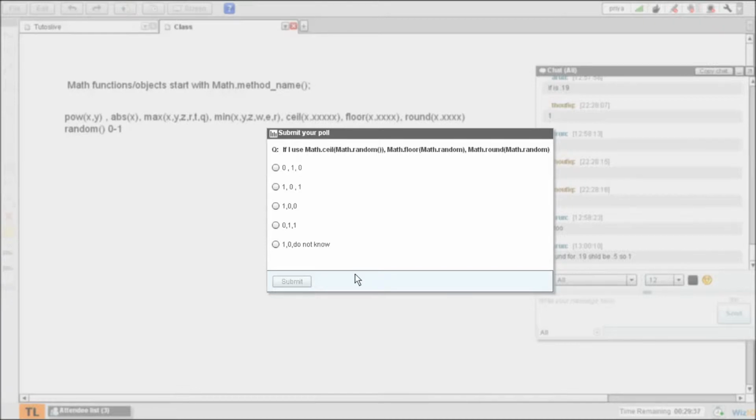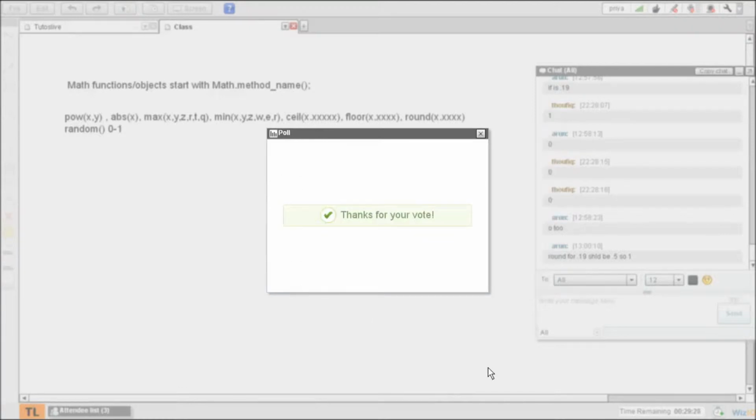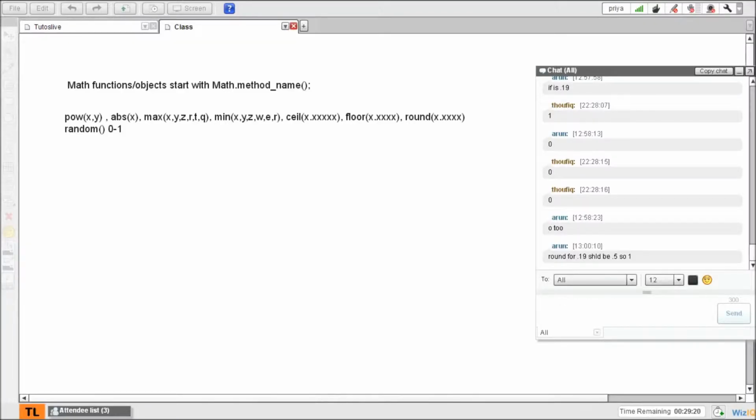I'll just type in here. Arun said 010, and Taufik's is 100.